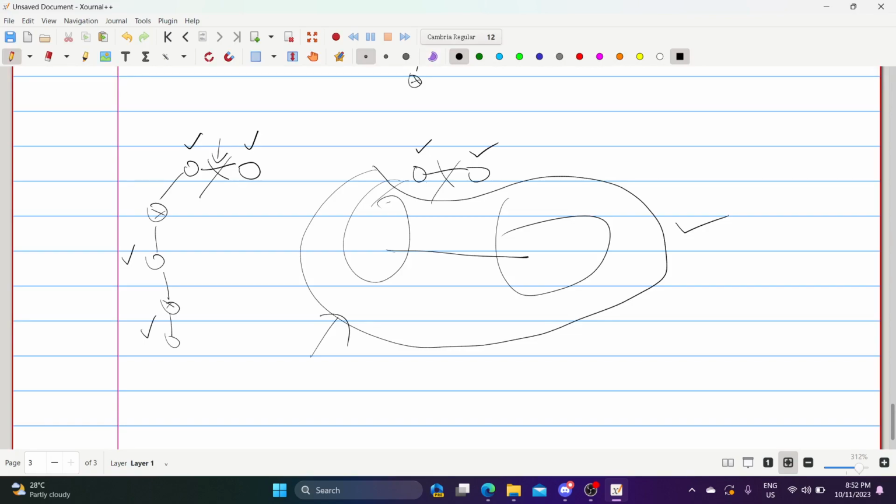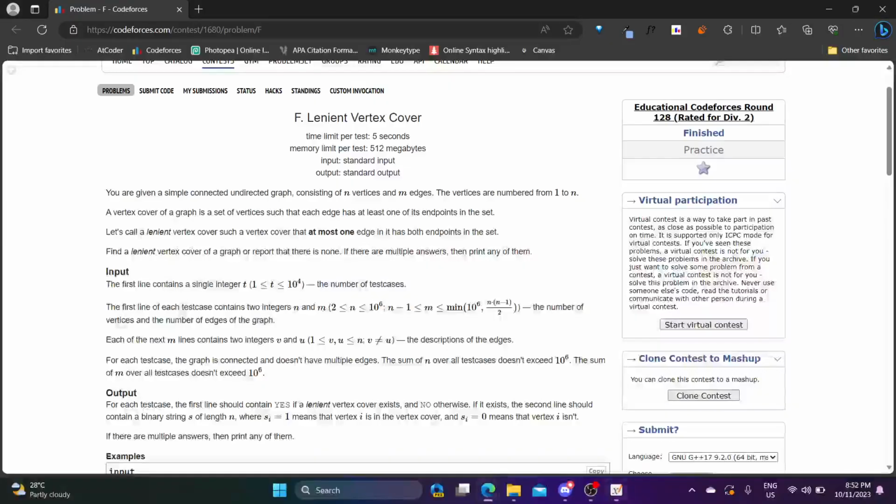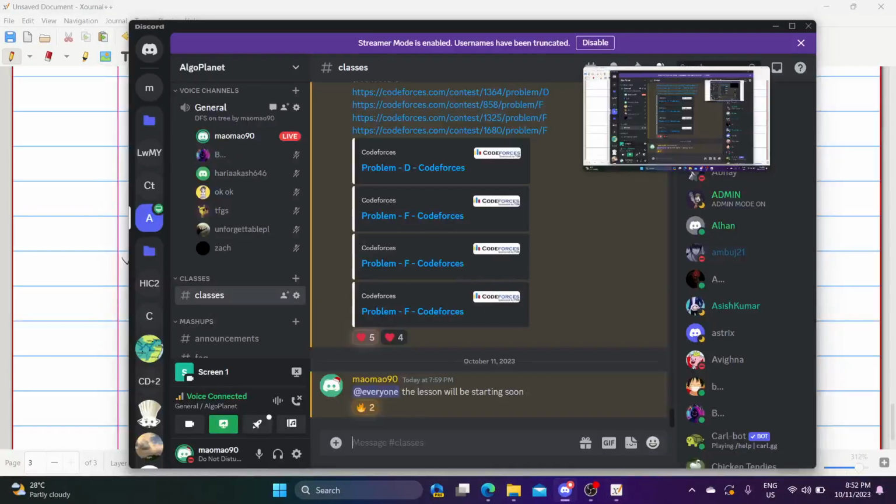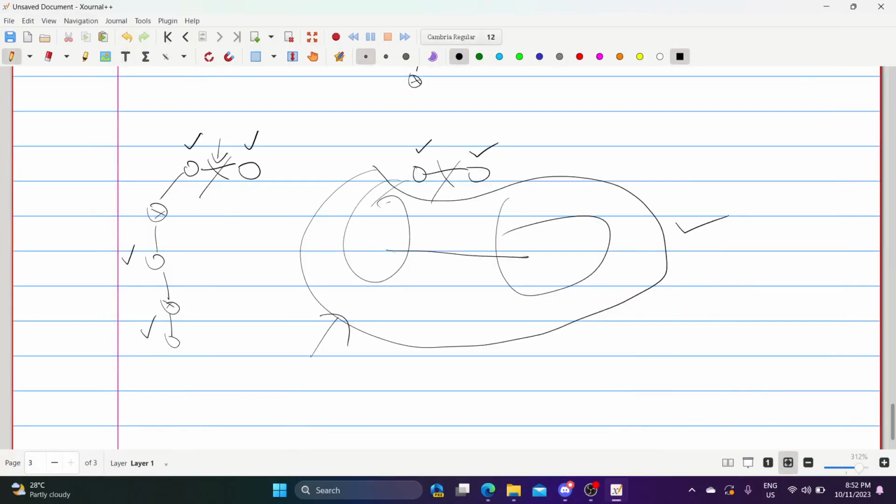Does everyone understand why this is true? Are there any questions at this point? So the question reduces to: can you choose an edge to delete such that the graph will become bipartite?